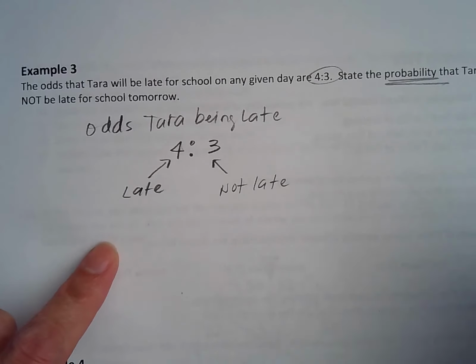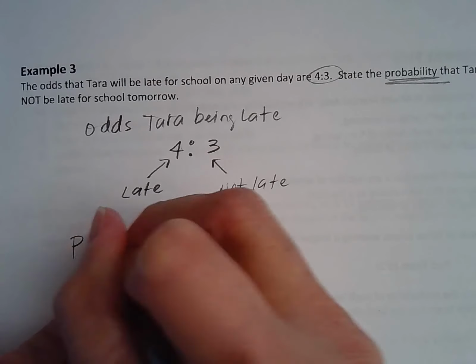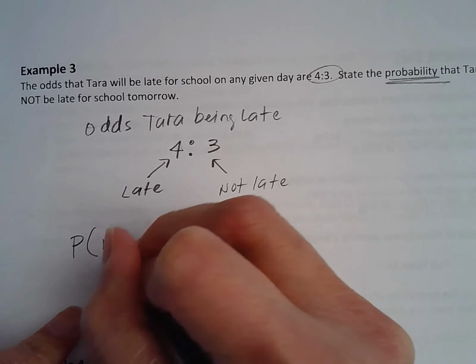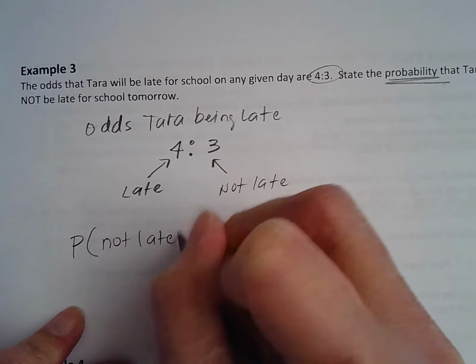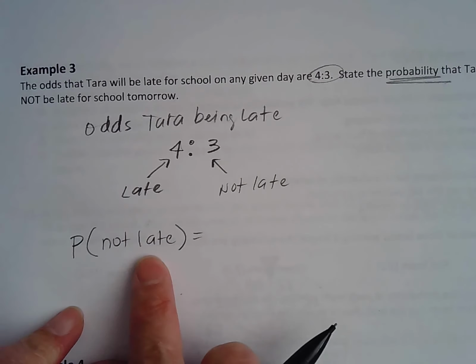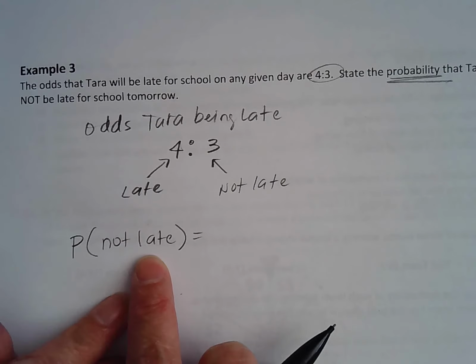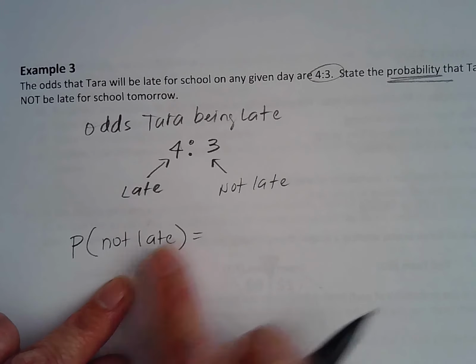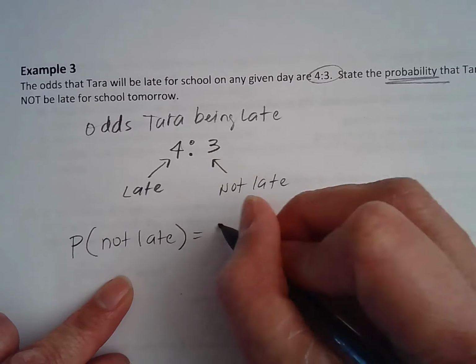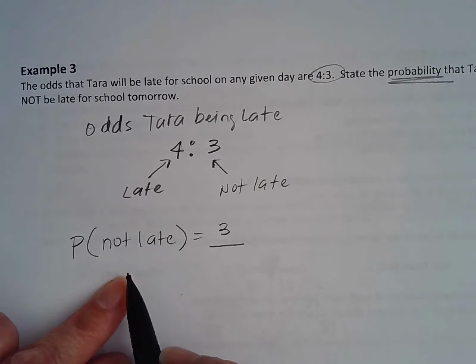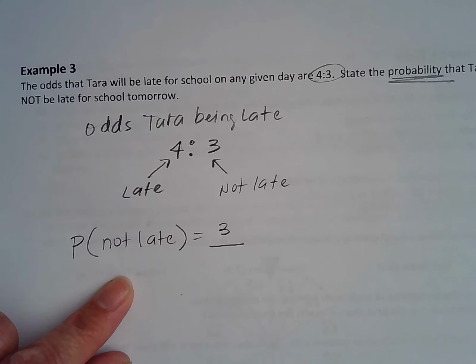So what is the probability? Now we're going to go to the probabilities. Probability that Tara is not late. What is the chance that she will not be late? Well, we know not late would be 3. And when it's a probability, it's the whole thing.